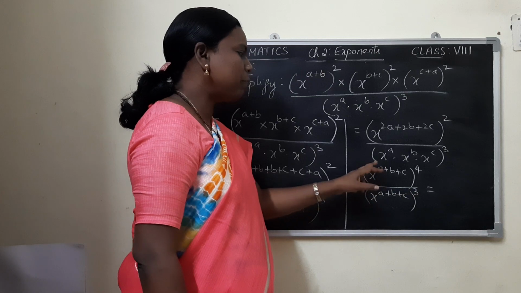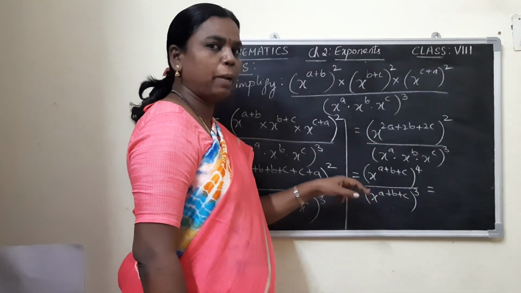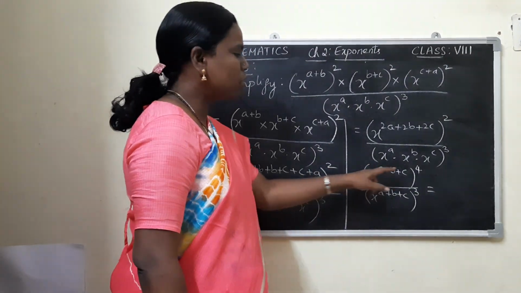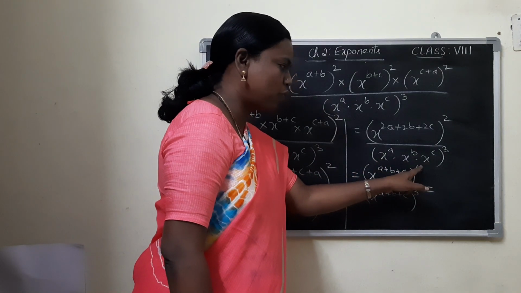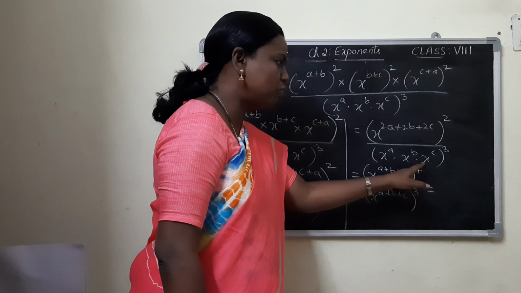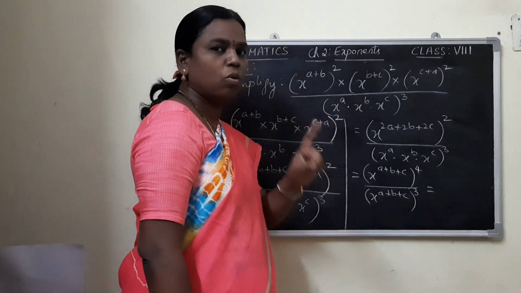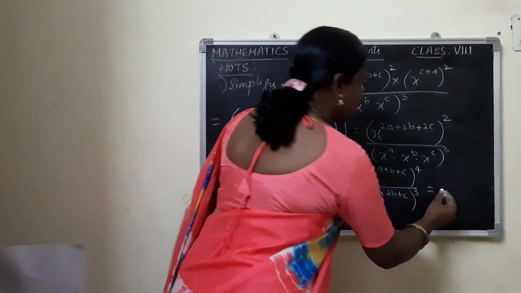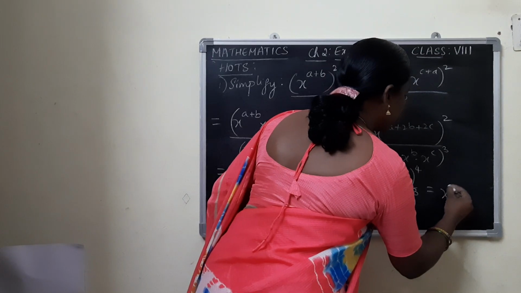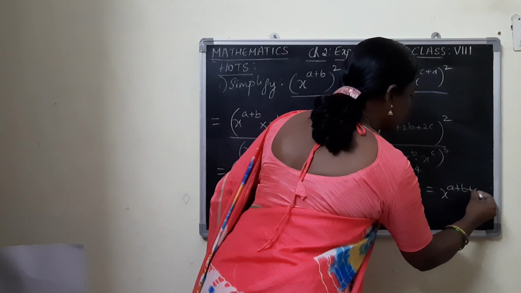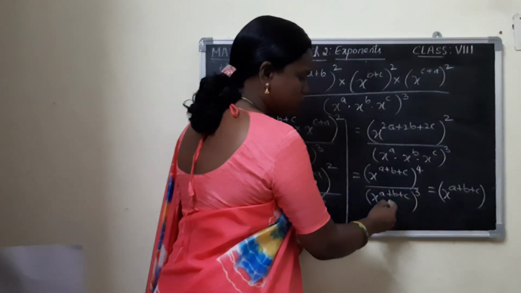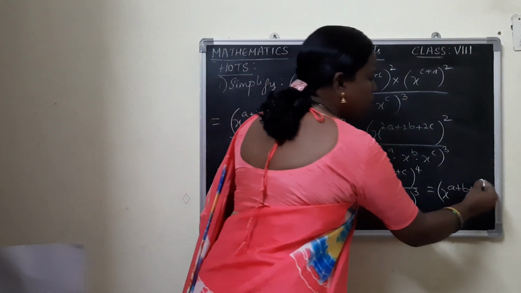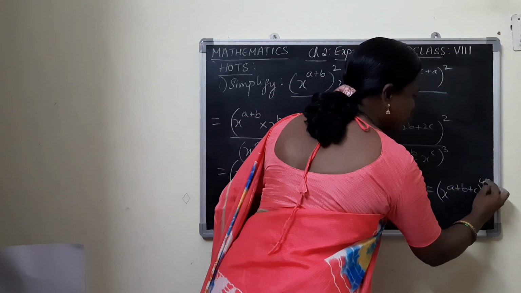So a power m by a power n will be a power m minus n. So if I take this whole thing as a power m, that is 4, and power n is 3. So 4 minus 3 will be 1. So this will become x to the power of a plus b plus c whole to the power of, here if you want you can think like 4 minus 3. What is 4 minus 3?